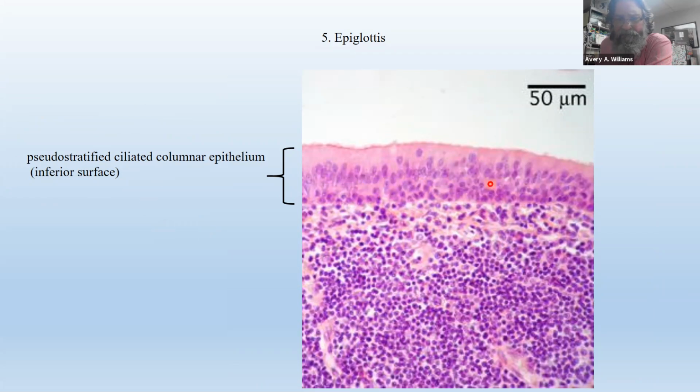Every once in a while, you might see a goblet cell. And ciliated, it has cilia. In this particular view, I don't see a lot of them, they're there. It's just kind of hard to make out. We'll have to get a different specimen to see some really good cilia. And we will. I'm going to show you some good cilia, but this is what it looks like here on the epiglottis, on this particular specimen anyway. All right, PCC.